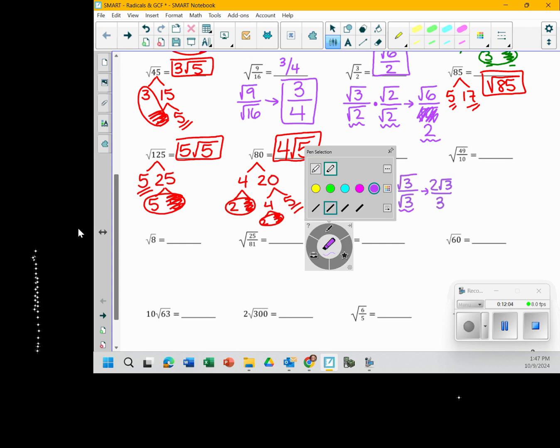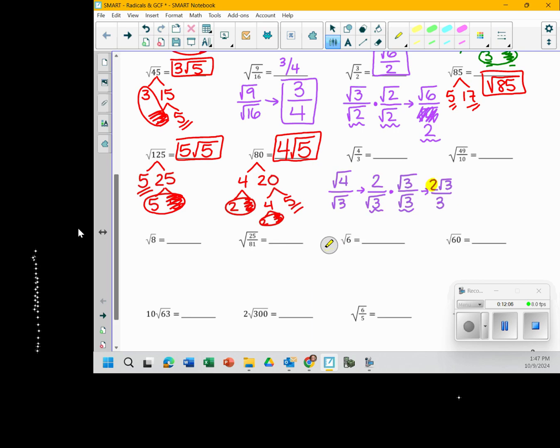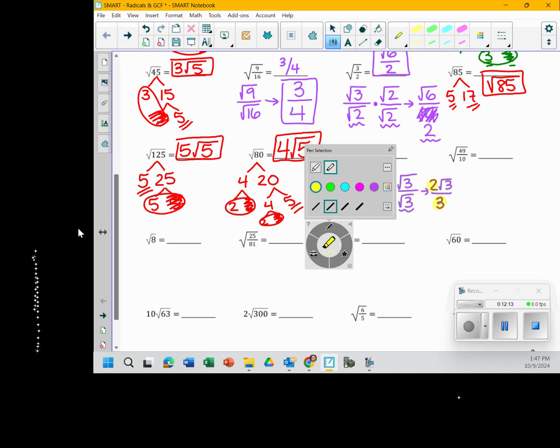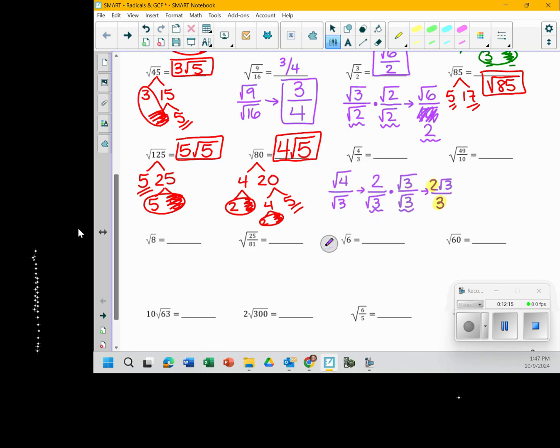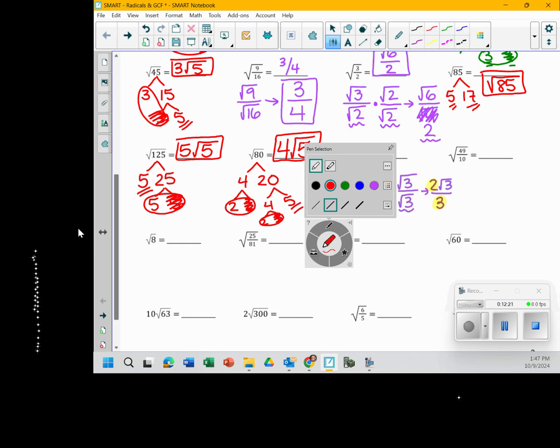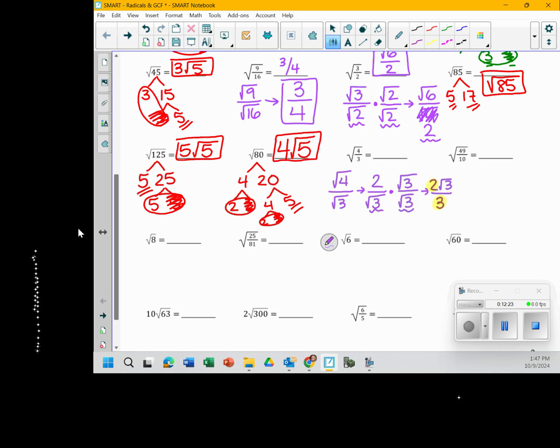I do want to do a quick check to make sure this outside 2 does not simplify with what the bottom became. 2 and 3 do not simplify. So root 4/3 is the same thing as 2 root 3 over 3.